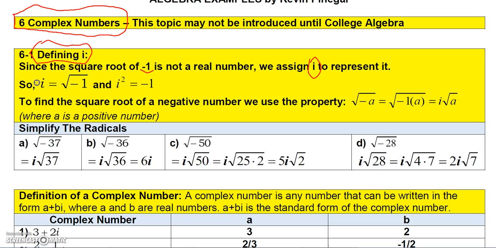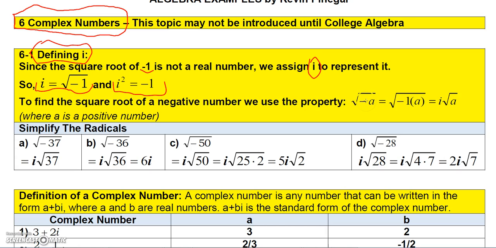So if i is equal to the square root of -1, then if we square both sides, of course i squared would equal -1. Okay, so now that we've defined the square root of -1 to be i, we can now find the square root of a negative number. I'm going to assume that a is a positive number in this radical.